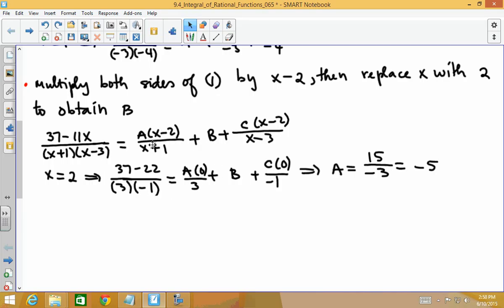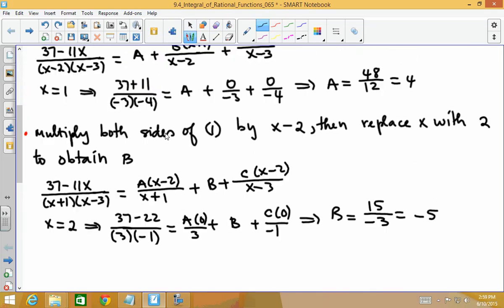On the right, a times 0 over 3 plus c times 0 over negative 1, and that means this is 0, that is 0. All you are left with is b on the right hand side. So b equals 15 over negative 3, so b is negative 5.